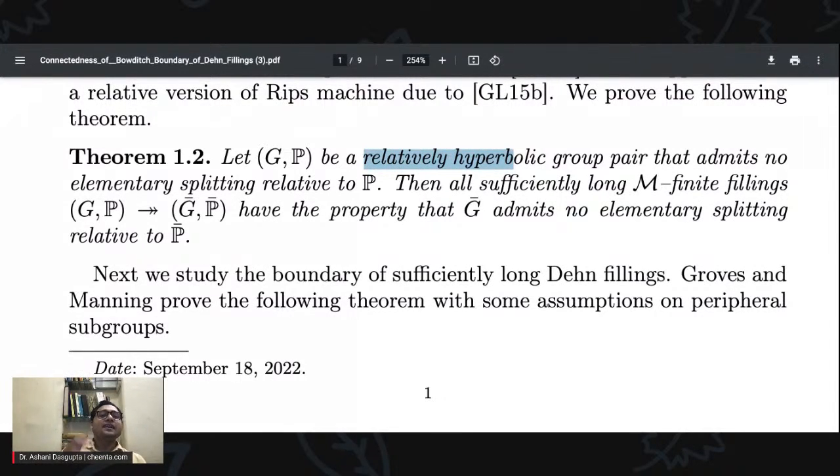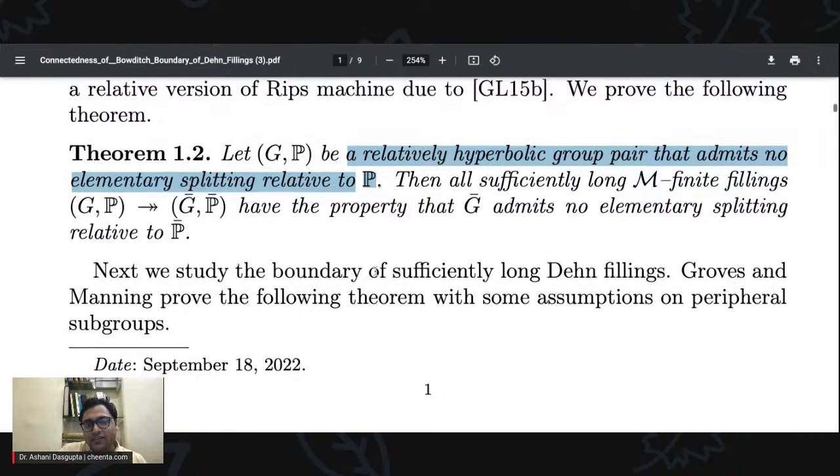So in a way, we assume that the peripheral subgroups are not doing anything very interesting. Okay, so the splitting is relative to the peripherals. If we assume that, then that extra condition on small subgroups is not necessary anymore. That's number one. That's the first upgrade or a different variation of theorem 1.2.